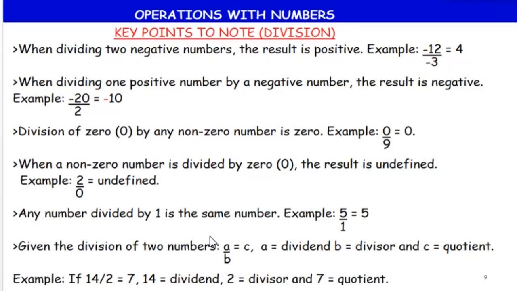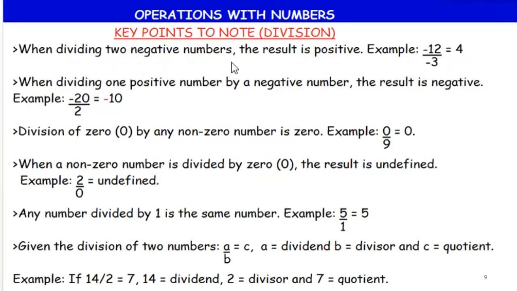Okay, what about division? What are some key points we have to note when we are dealing with the division of numbers? When dividing two negative numbers, the result is positive.